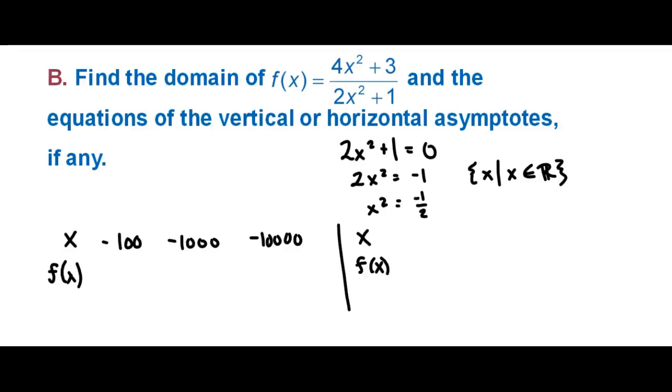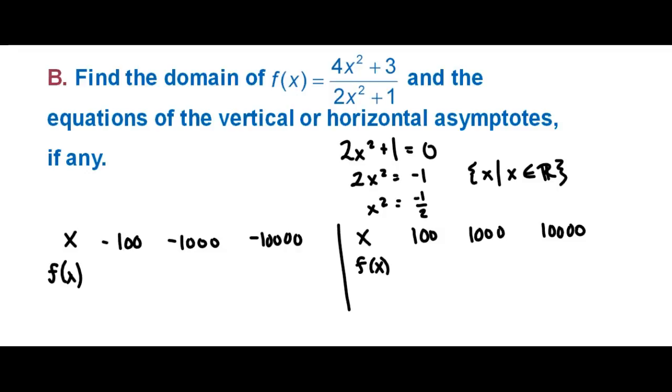So we have 100 and 1,000 and 10,000 on the right side as well. When I put that into my calculator, I get negative 100 squared. It is 10,000 times 4 is 40,000.